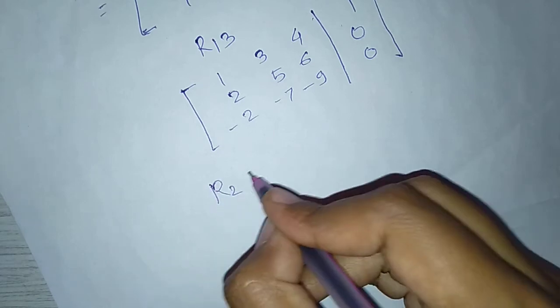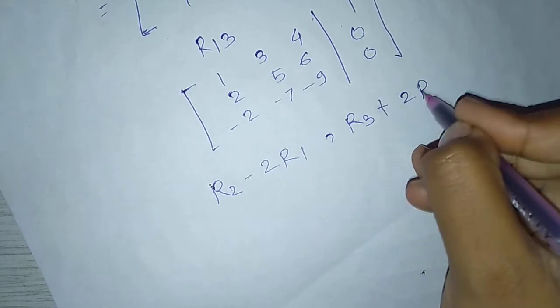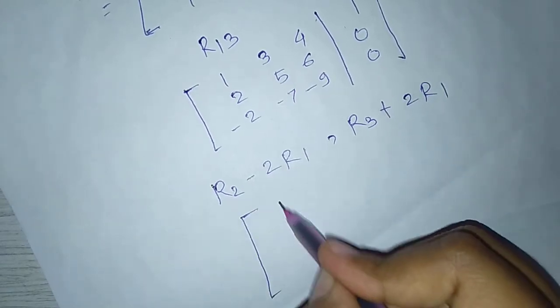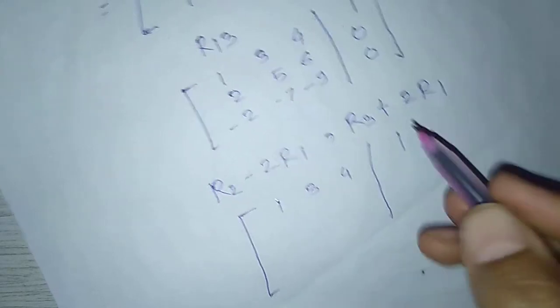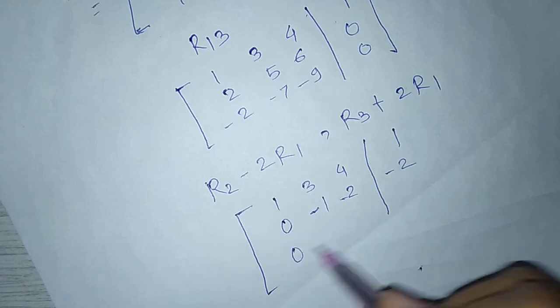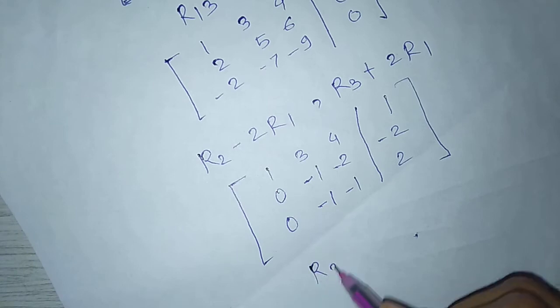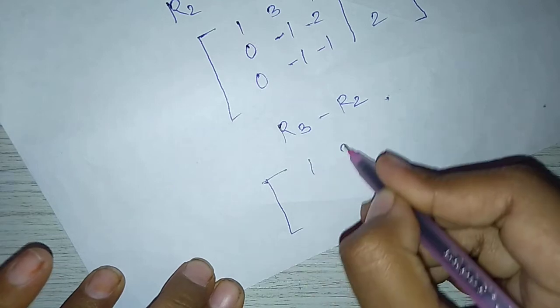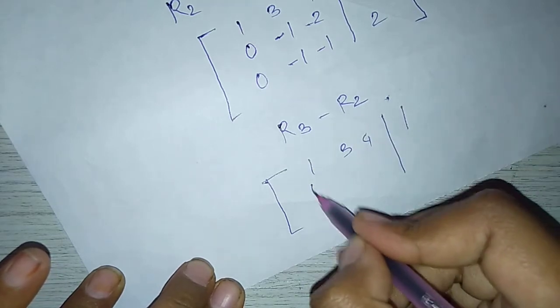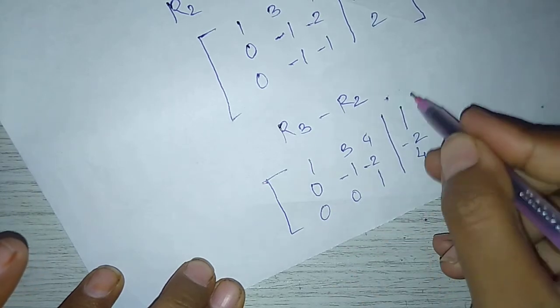Next, by applying the row operations R2 minus 2R1 and R3 plus 2R1, we get 1 3 4 1, 0 minus 1 minus 2 minus 2, 0 minus 1 minus 1 2. Next, R3 minus R2, we get 1 3 4 1, 0 minus 1 minus 2 minus 2, 0 0 1 4.